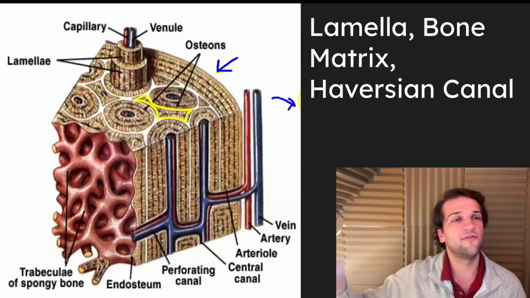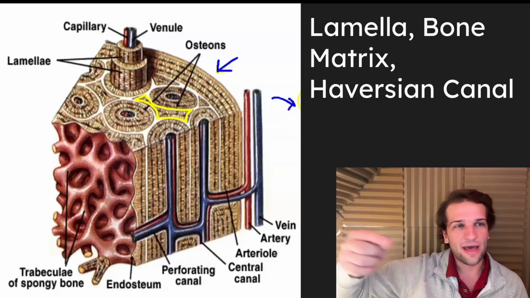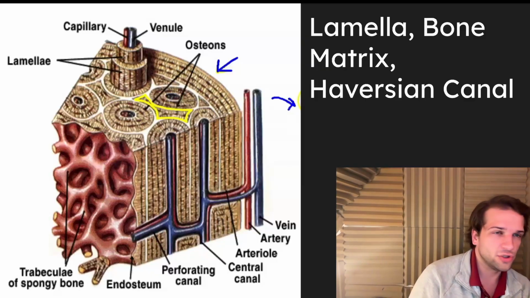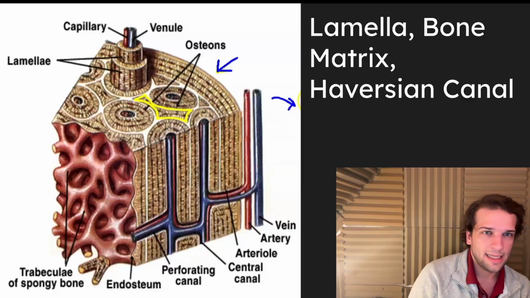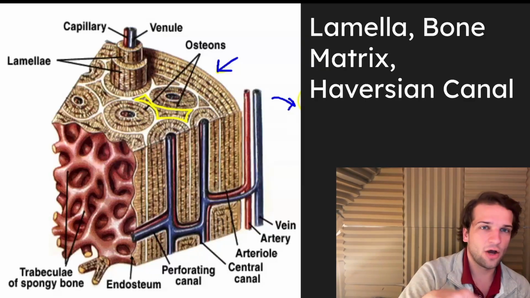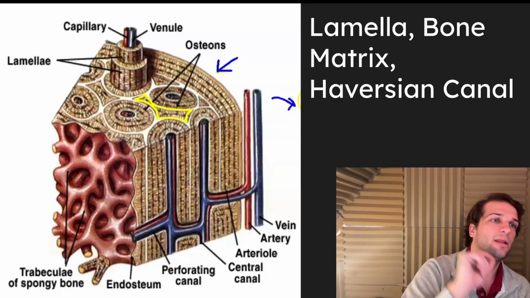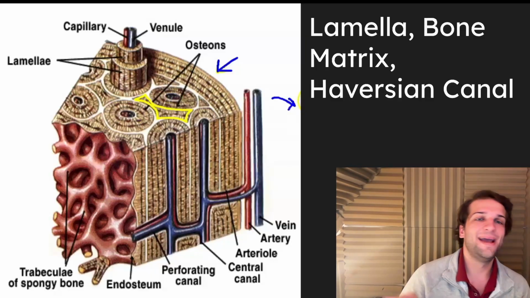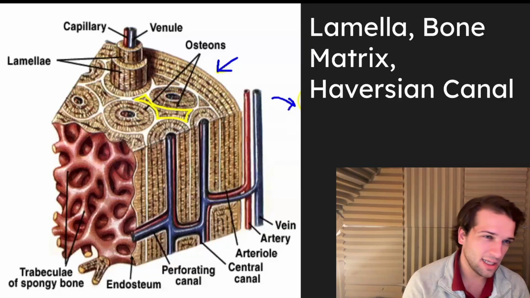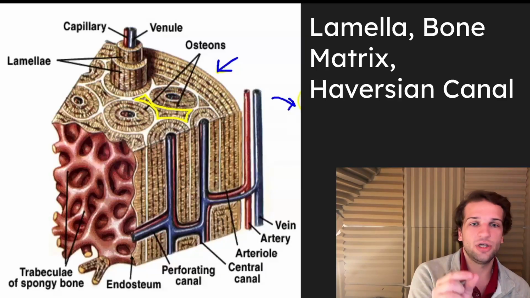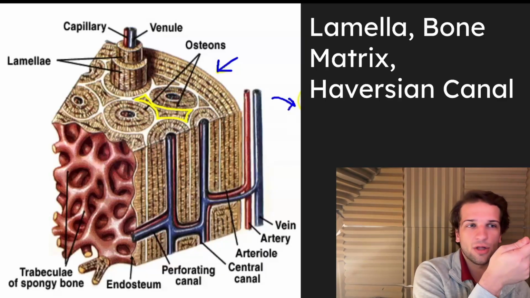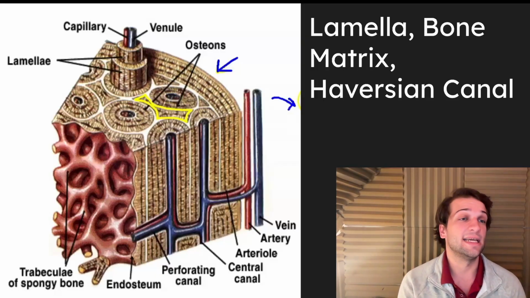Lamella are rings of bone matrix that ring around the Haversian canal. Each and every one of those rings around the canal is a lamella. And they are made out of bone matrix primarily, but in those lamella you'll have little carved out lacuna with an osteocyte sitting inside of them.